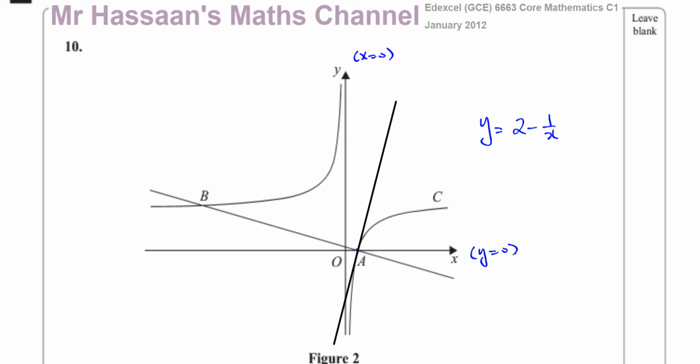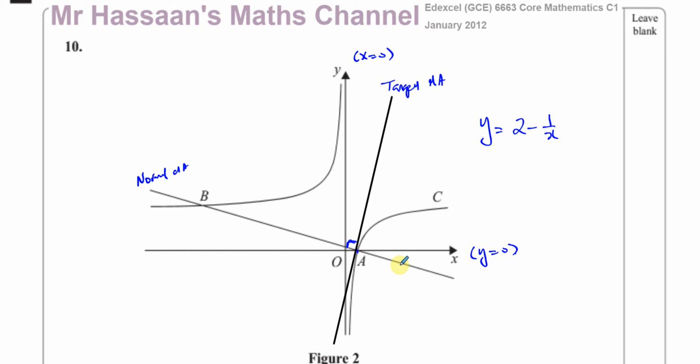It just brushes past A and has the same gradient as the curve at A. This is the tangent at A, and this here is the normal to the curve at A. The normal is perpendicular to the tangent. It hits at right angles.